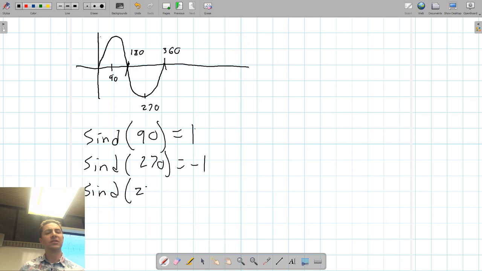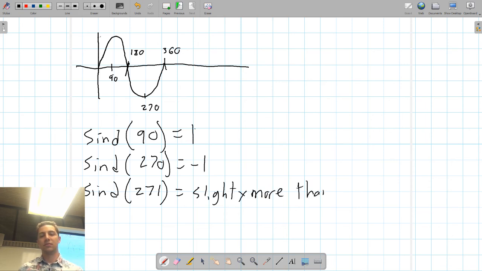Sine in degrees of 271? Slightly more than negative 1. Okay, probably something like, well, hey, I have a calculator.